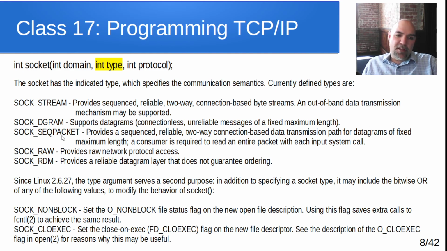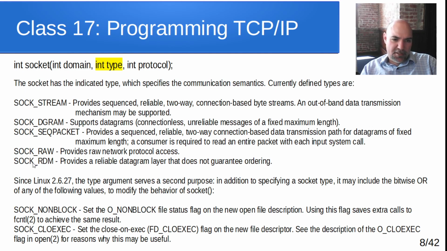There's also this sequence packet, which is a sequenced reliable methodology that still works with datagrams of a fixed length. Again, that could be useful for games where you need to make sure you don't drop packets. There's a little extra overhead here compared to datagrams, but not like there is with a stream.